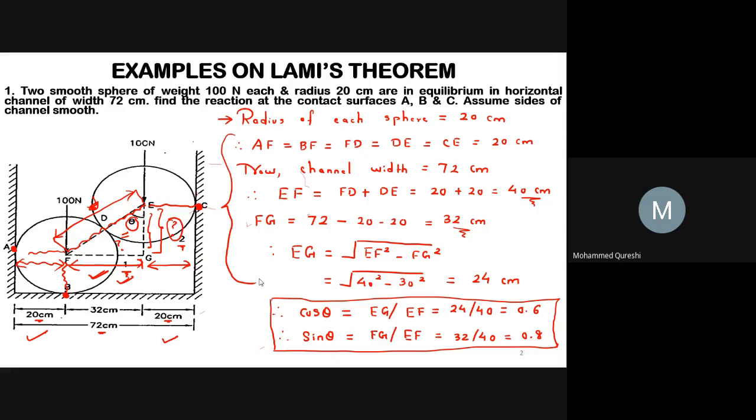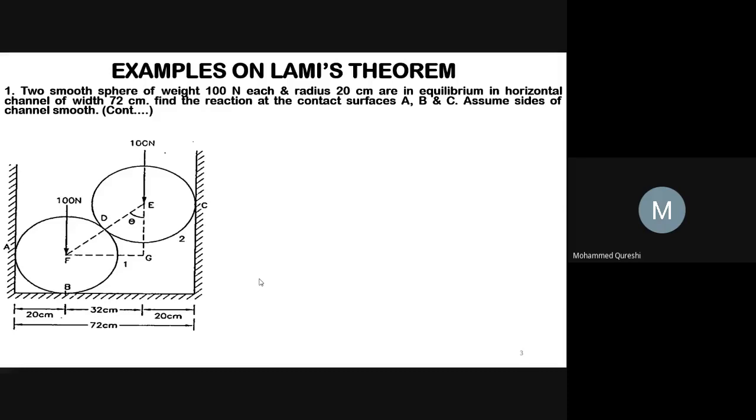Now, we have to find the reaction at the contact surface A, B, and C. So, let us assume our sphere 2. And we know that the whole system is in equilibrium. Therefore, equilibrium of sphere 2.